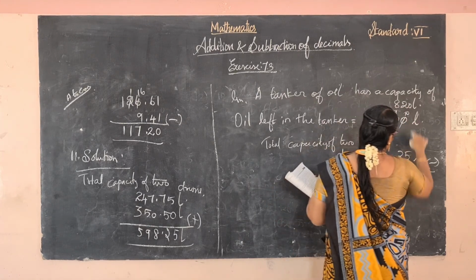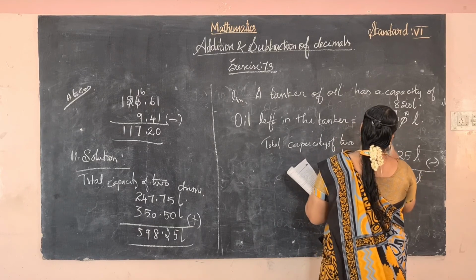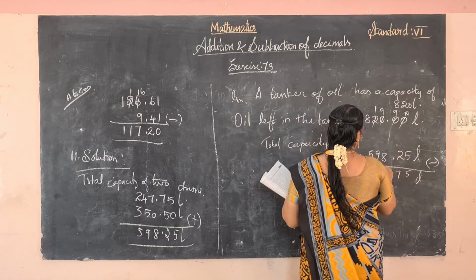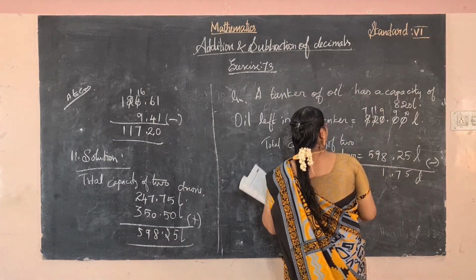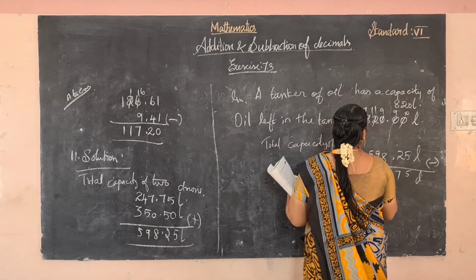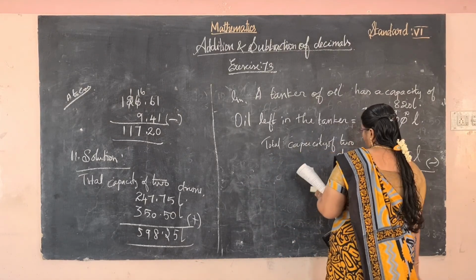Okay, so 10 minus 5 is 5. Okay, 9 minus 2 is 7. Here 9 minus 8 is 1. So 1 is not possible to subtract. So borrow from here 11. 2, 7 minus 5 is 2.